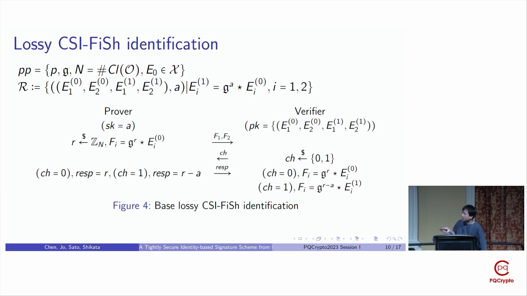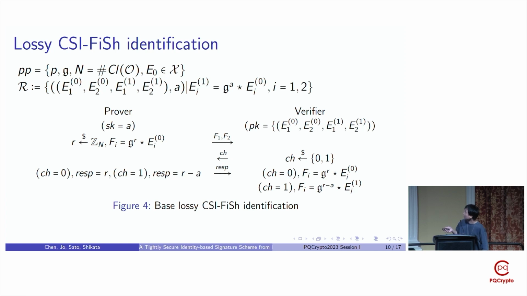To prove knowledge of the secret key A, the prover randomly chooses isogeny GR and computes commitments F1, F2, and sends F1, F2 to the verifier.